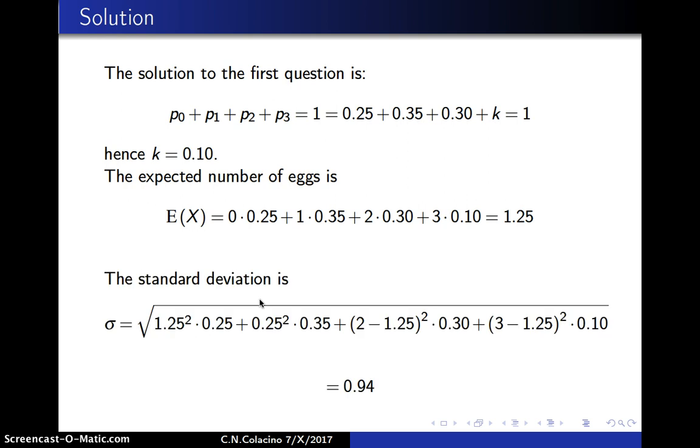The standard deviation is nothing but the square root of the sum of the squared difference between the outcome and the mean, multiplied by the probability.